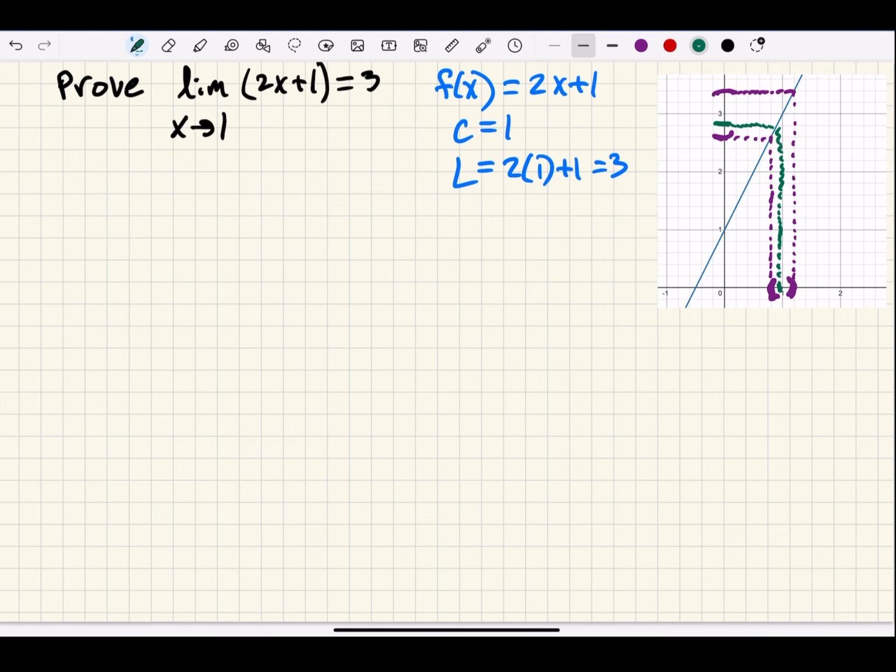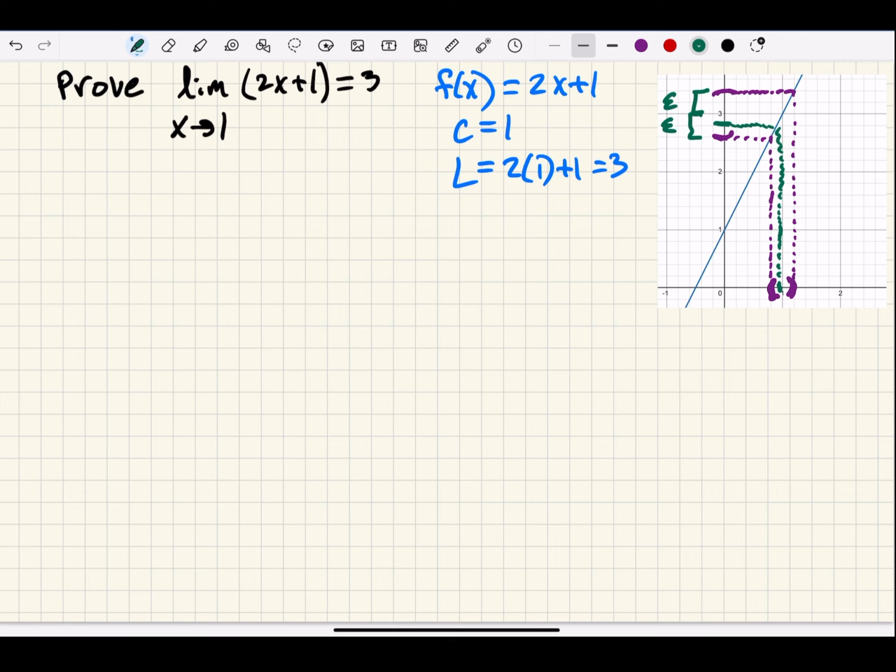And this interval is centered at 3. It's the same distance from 3 to the top of the interval as it is from 3 to the bottom of this interval. Now, this interval around 3 on the y-axis, we're going to call epsilon on either side.